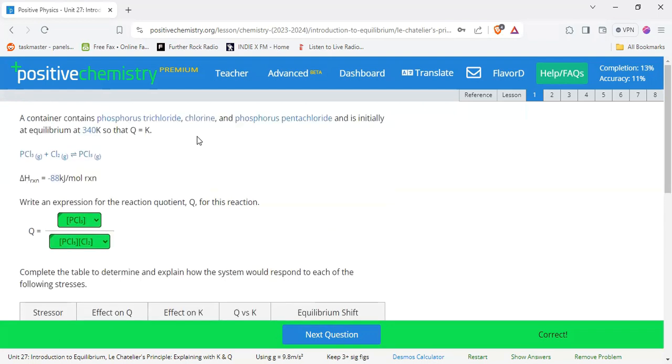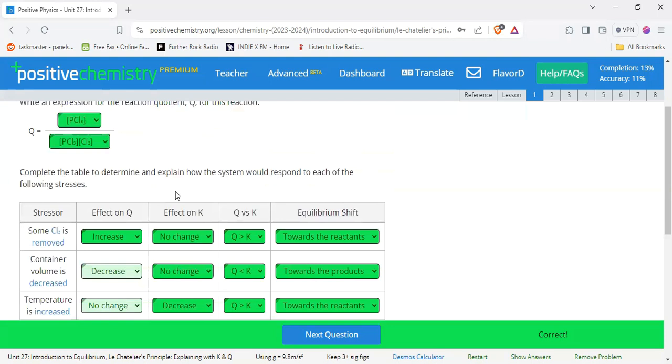Now, they said at the beginning it was initially at equilibrium. So it was at equilibrium and Q used to be equal to K, but we just increased Q, which means it's now bigger than K. So we have too much. We are not at equilibrium. Our answer is too large to be at equilibrium.